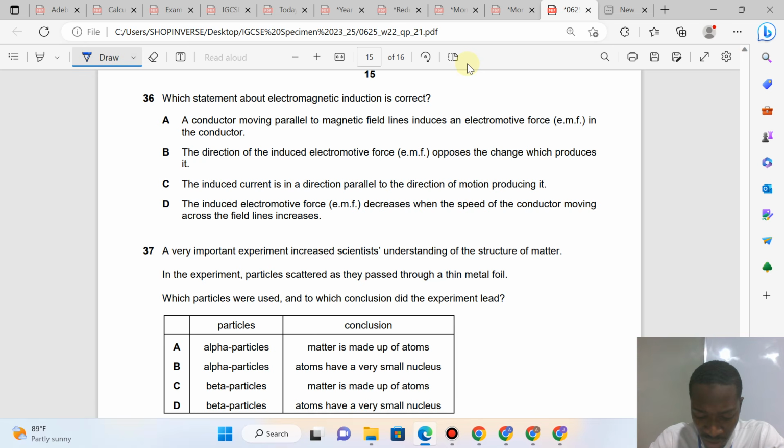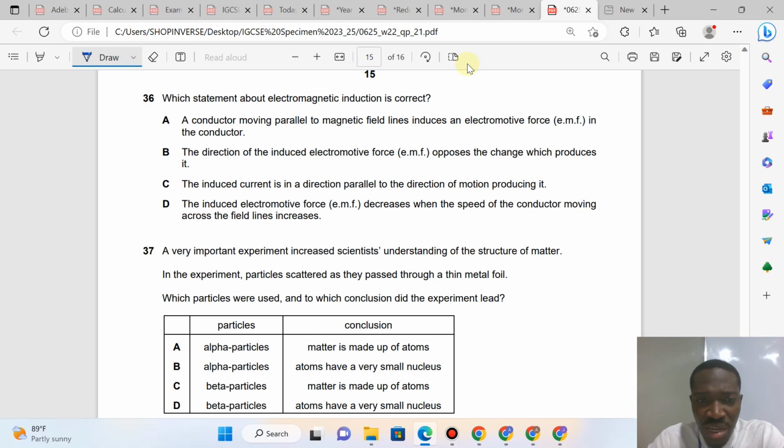Sorry, this is number 36, right? A says a conductor moving parallel to magnetic field lines induces an electromotive force in the conductor. So when you have a conductor that is moving parallel to magnetic field lines, then an electromotive force would be induced in the conductor.